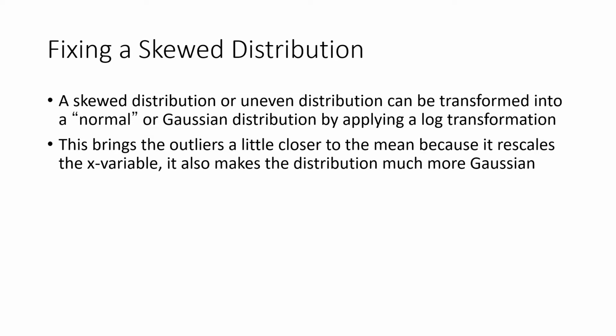So a skewed or uneven distribution can be changed into a normal distribution by applying log transformation. That is, taking the log of the data, in this case the heights, and the result is it will bring those highly skewed heights, the ones that are very high, a little closer to the mean. As a result, this skewed distribution becomes more symmetric and it therefore becomes more Gaussian.